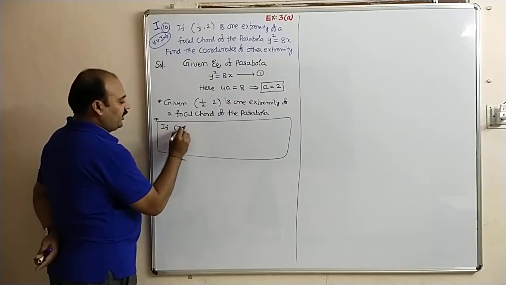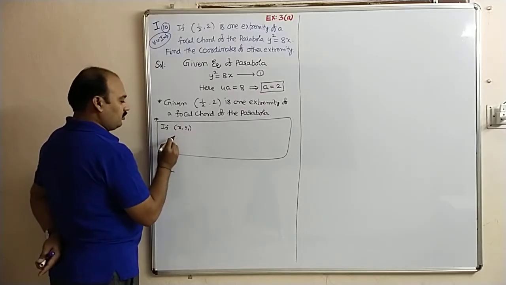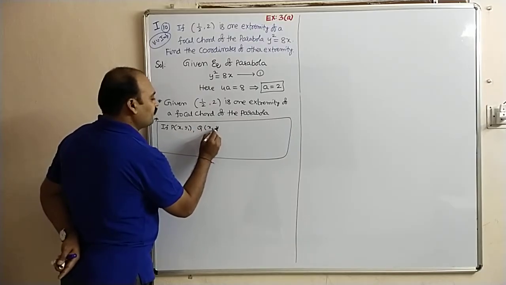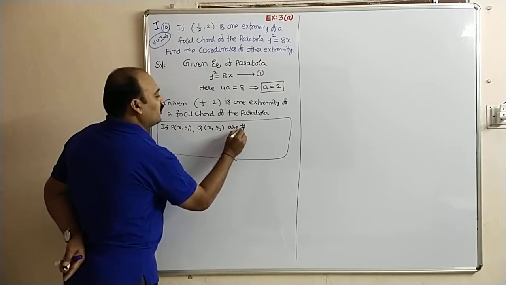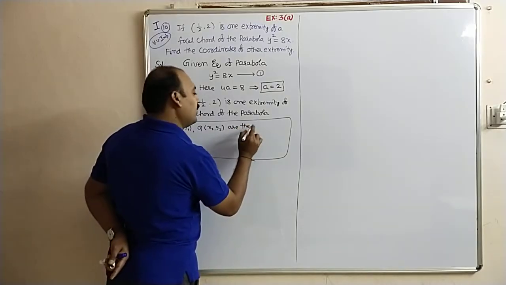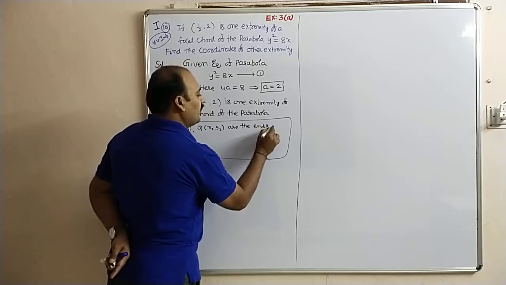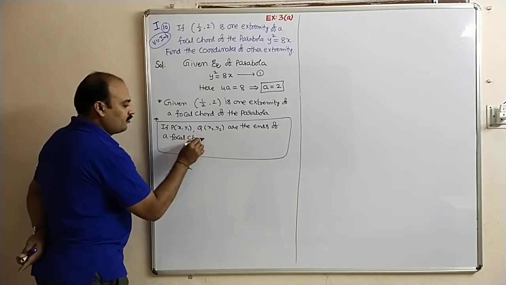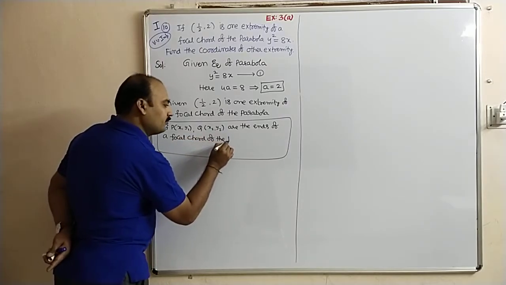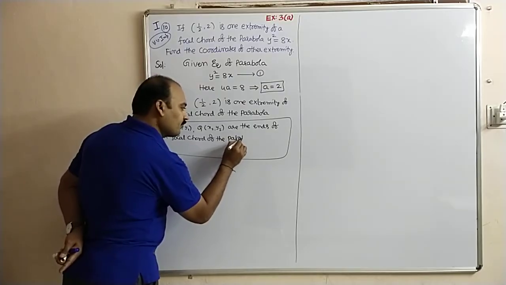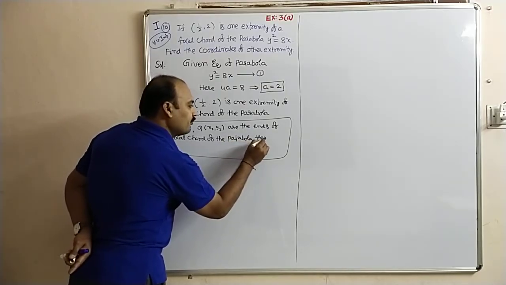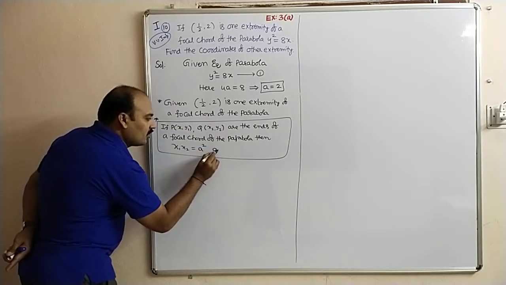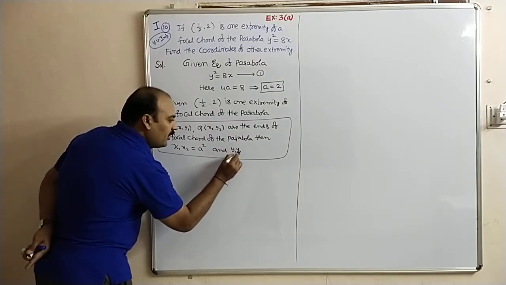If P of (x1, y1) and Q of (x2, y2) are the ends, or the extremities, of a focal chord of the parabola, then we have x1 x2 equal to a square and y1 y2 equal to minus 4a square.